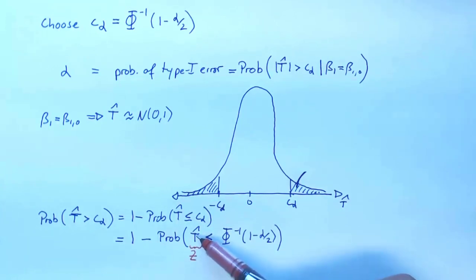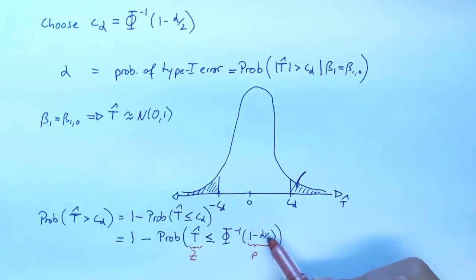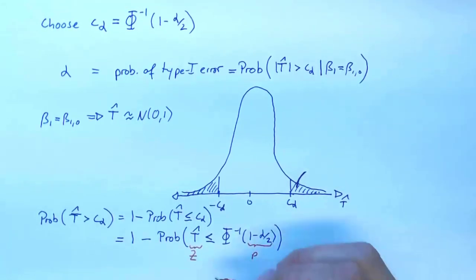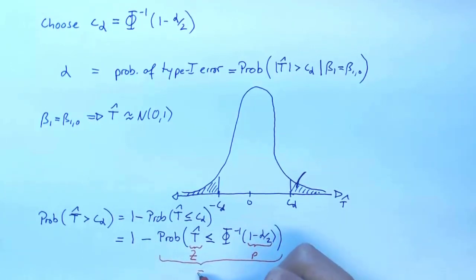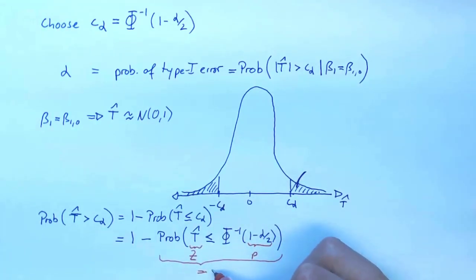So t hat and z would behave the same. And here I just put any probability p, but 1 minus alpha half is a probability, right, if alpha is small enough. So we can just use the result from before, and by the definition of normal quantiles, this will be p. So let's plug that in.